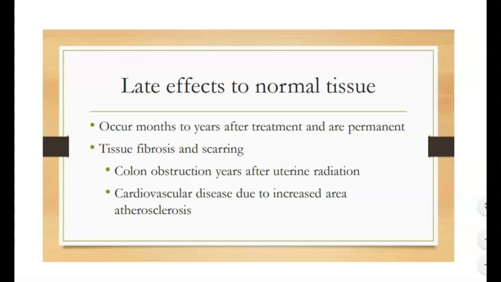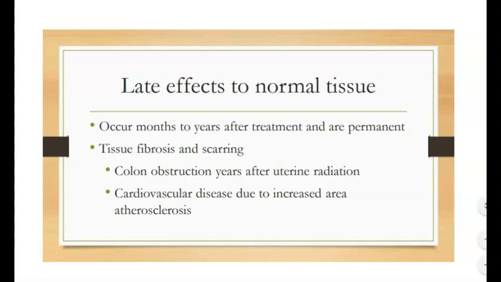But there are late effects, down-the-road effects that can happen to patients that have undergone radiation therapy. These can occur months or even years after treatment, and these don't go away. These are permanent side effects of the radiation therapy that they have received.